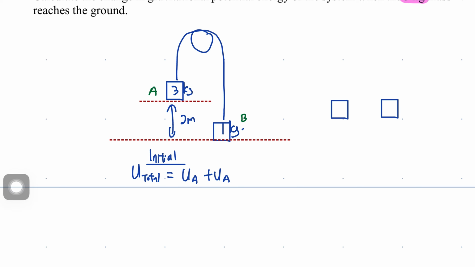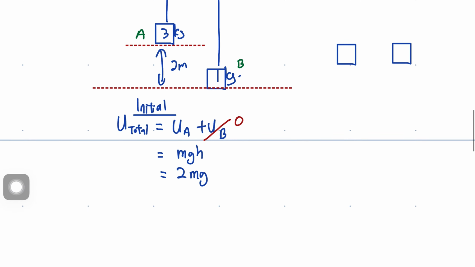Since object B is located on the ground, the potential energy for this one will be 0. So I will end up with only the potential energy for A. If you expand this, you will get mgh. I'm going to substitute in the h value, since we know it's 2 meters, so 2 mg. This will be our U total initially.